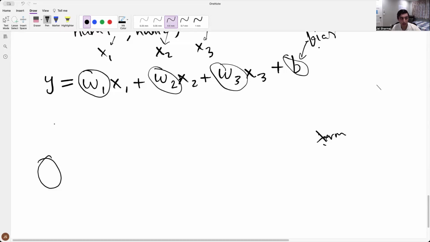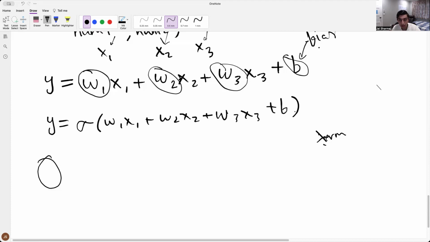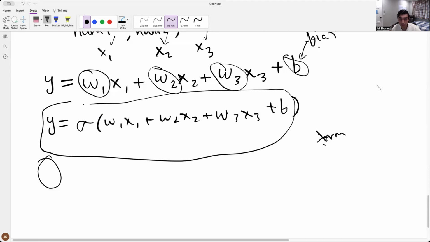What we could do is have y equals sigma of w1 x1 plus w2 x2 plus w3 x3 plus b. This is exactly the same thing that we did for linear regression before. We just encapsulated it in a sigmoid function so that the output is not a real number from negative infinity to positive infinity. Instead, it takes on a value from 0 to 1 that can be interpreted as a probability.